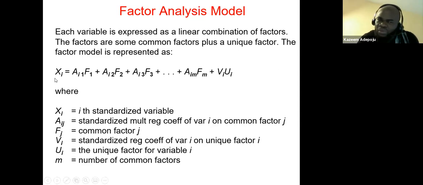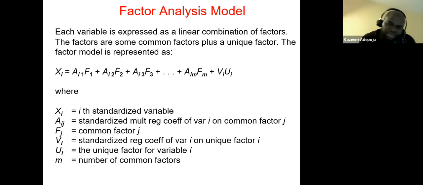If you look at what I have in this model, this is a particular input variable. Xi is a particular input variable that we believe can be explained by one or more factors. This is the model that I'm talking about.